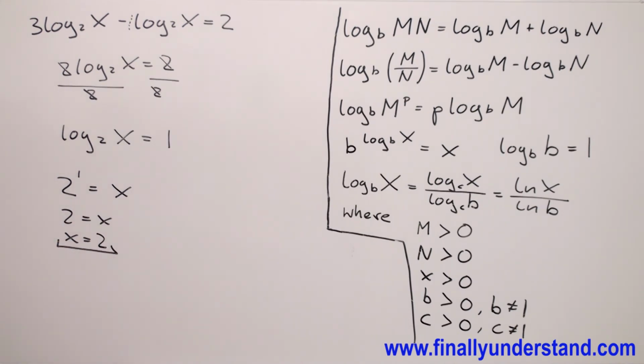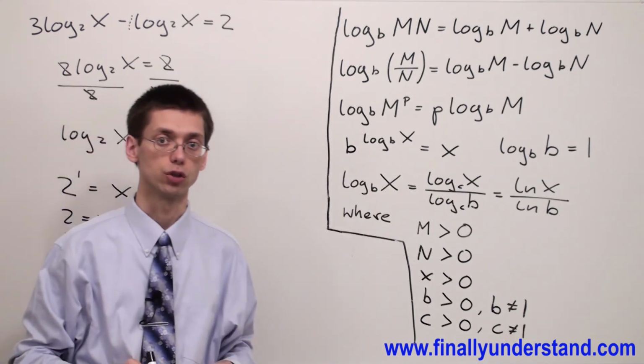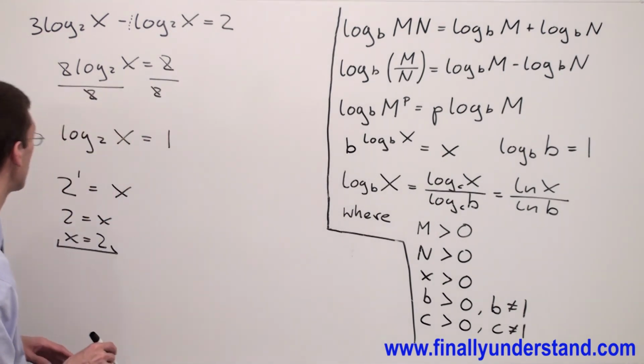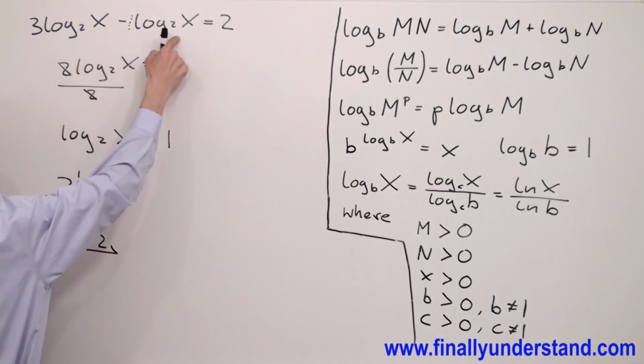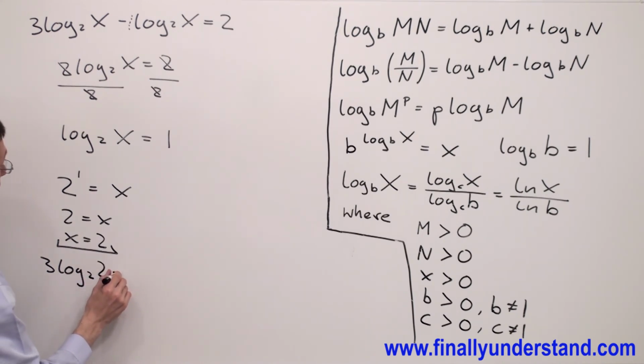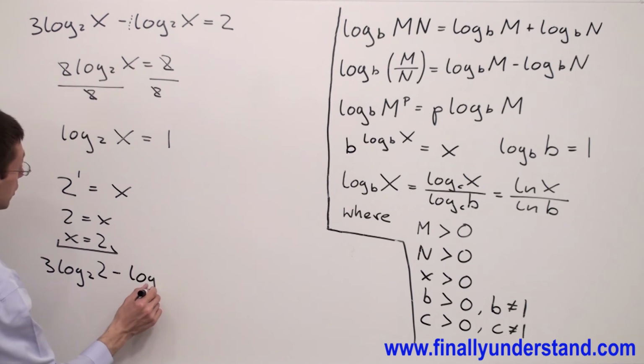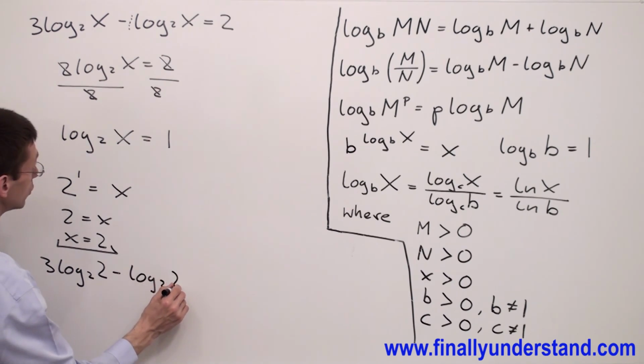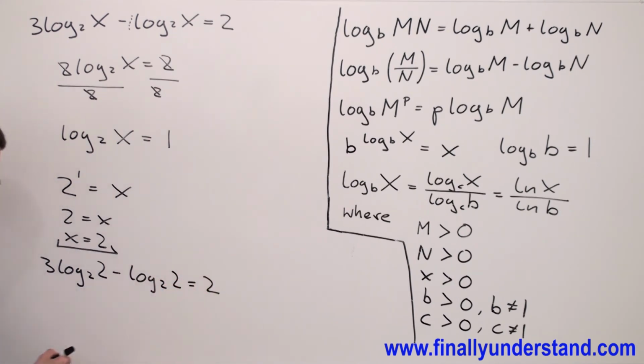But we have to verify if our answer is correct. I'm going to replace every x in my original equation by 2. I have 3 log base 2 of 2 minus log base 2 of 2 has to be equal to 2. 3 log base 2 of 2.